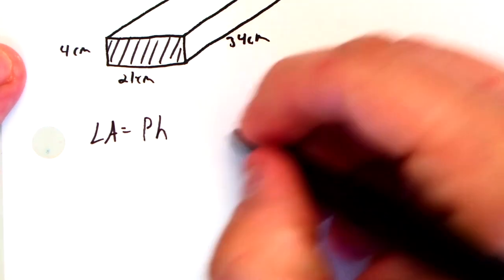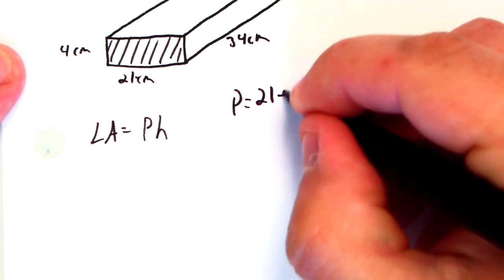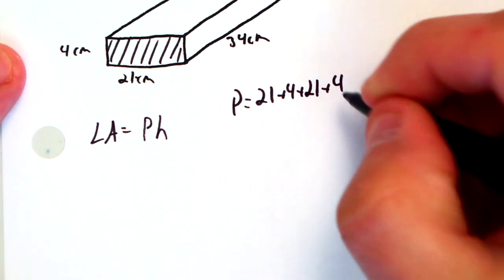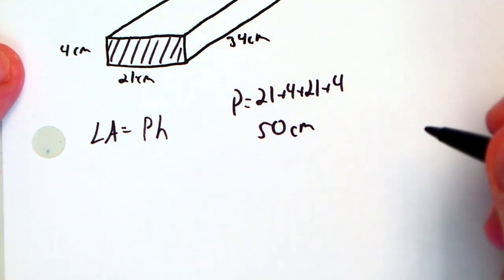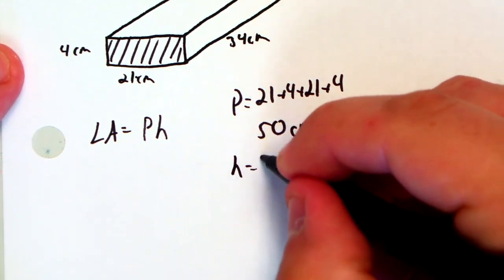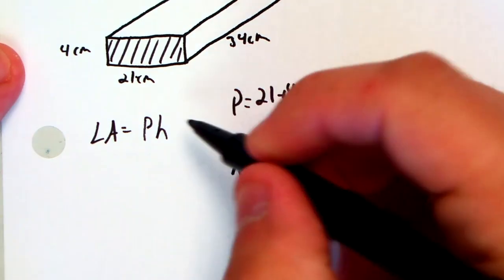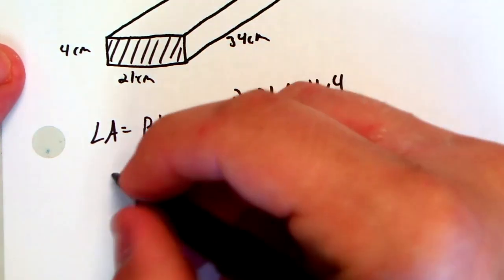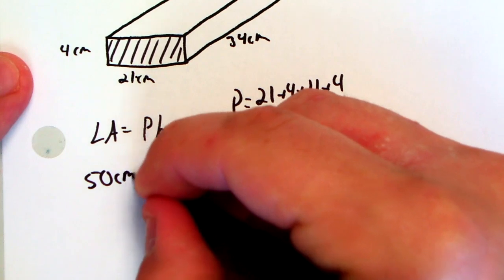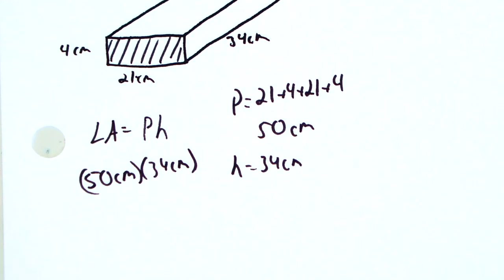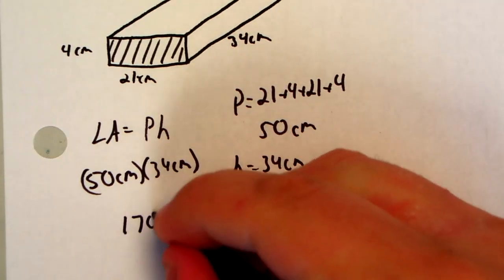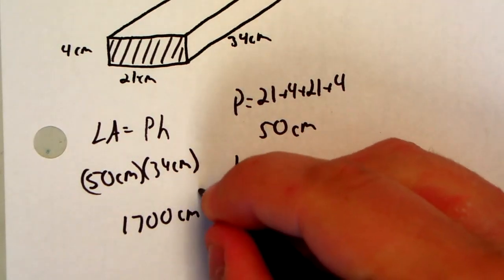So perimeter in this case is 21 and 4 and 21 and 4, which happens to be 50 centimeters. The height is 34 centimeters. So if I multiply these two numbers together, 50 centimeters and 34 centimeters, I get 1,700 square centimeters.